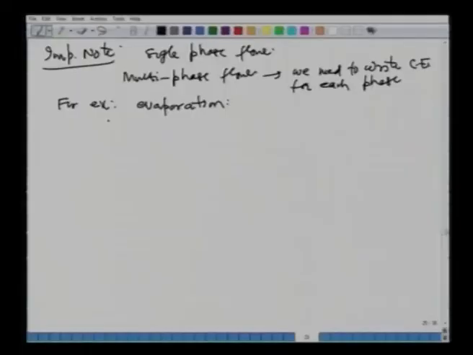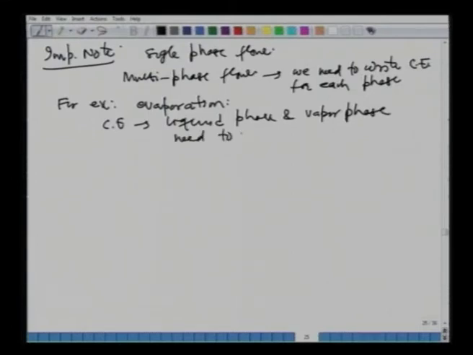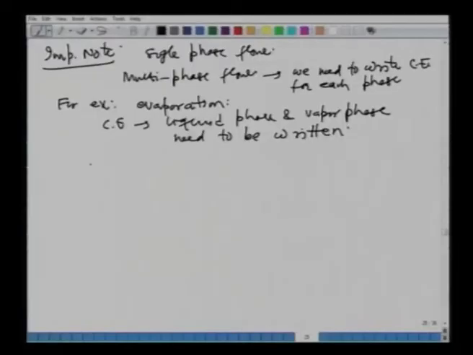So, in that case, we need to write the continuity equation for the liquid phase and vapor phase separately. We will come back to this concept a little later in this course when we look at the process of evaporation.